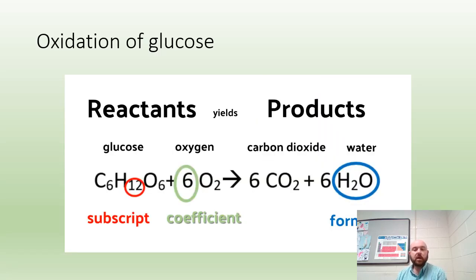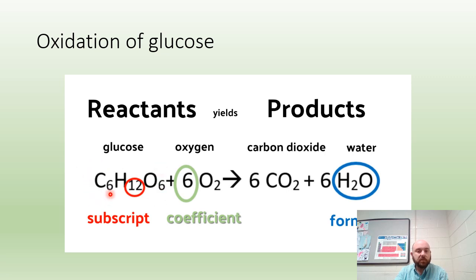Here on this slide, we have a typical chemical equation that is written for the oxidation of glucose, which is a fancy way of saying we burn some sugar, and this is the representation of the reaction that happened. We have our glucose molecule represented here with C6H12O6.